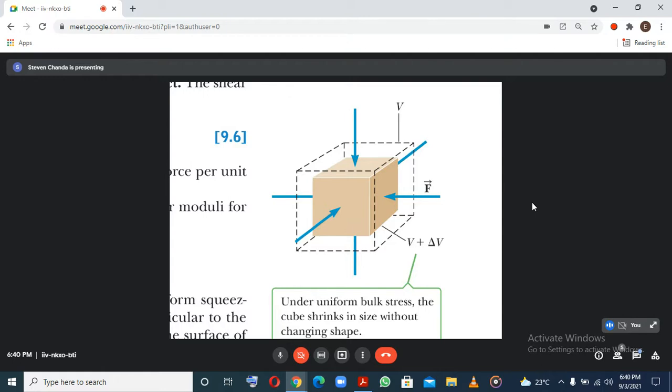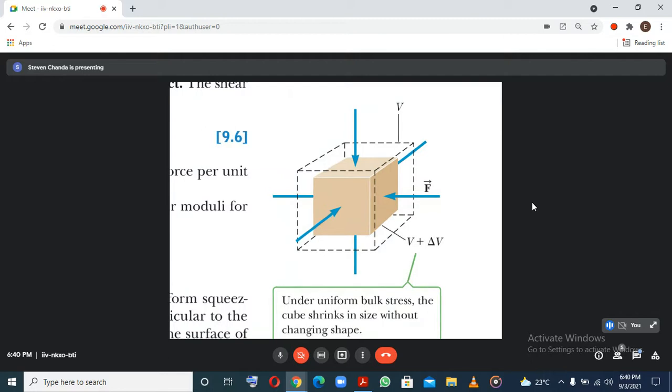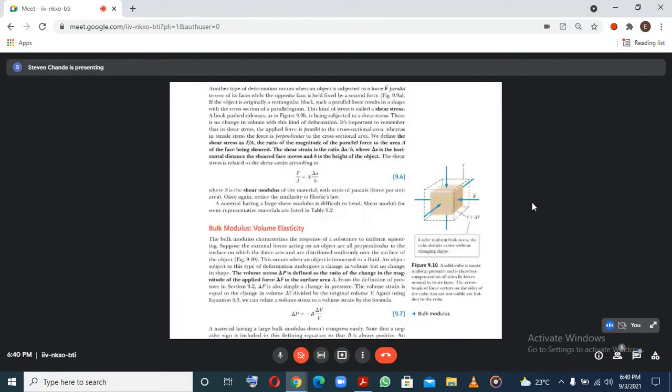We know size and volume are the same. So this is a situation where you get an object and put it down in a fluid, and there will be forces acting on that object from the fluid, isn't it?